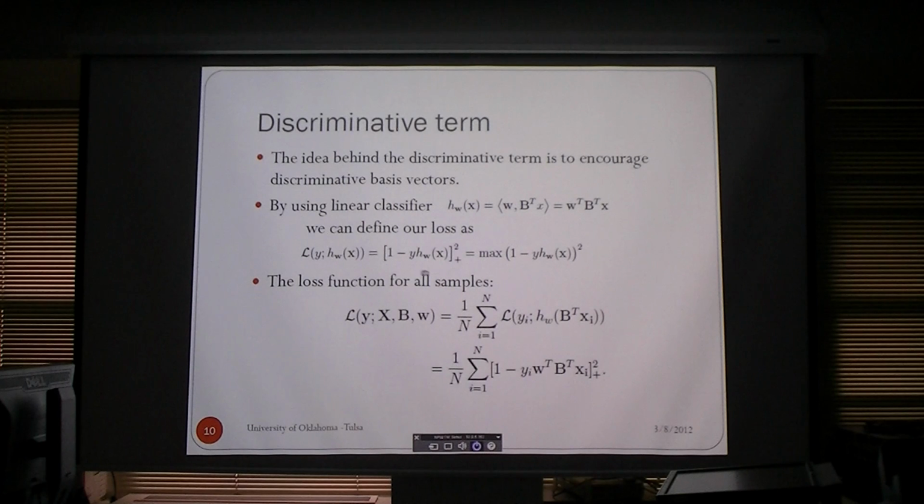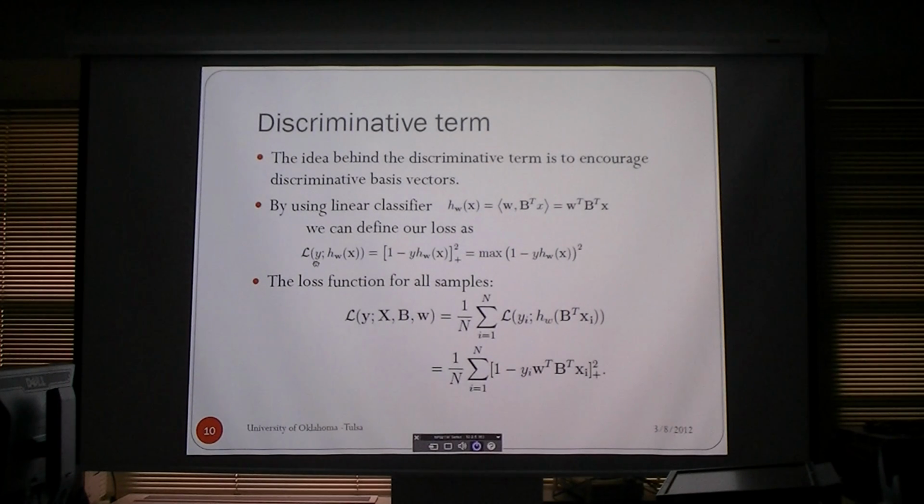If this value is equal to 0, it means we have a correct classification, and if it is not equal to 0, it shows our classification error. We define the positive part of this function as our loss function.